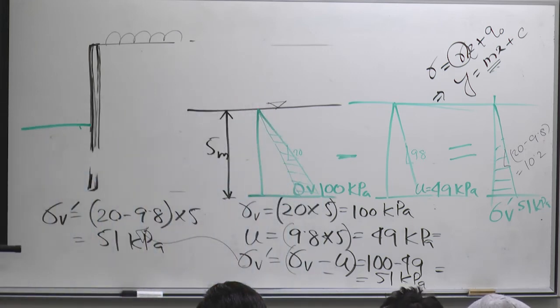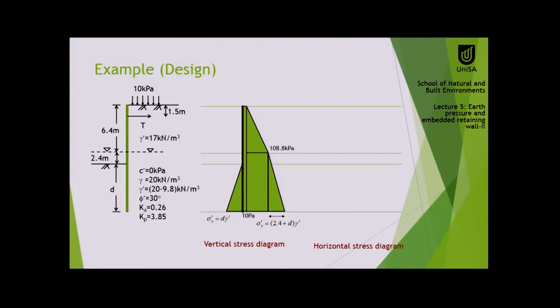Now 17 times 6.4 should give you 108.8 kPa. That would be a surcharge. It should come over here, 10 plus 108.8. This one now increases in terms of gamma prime.